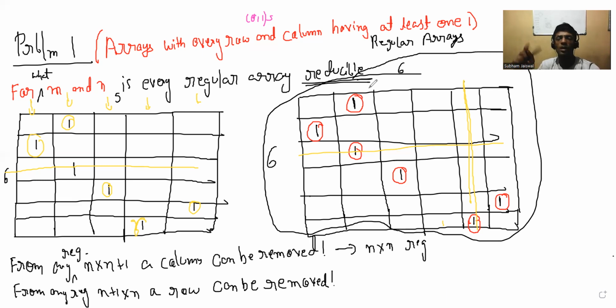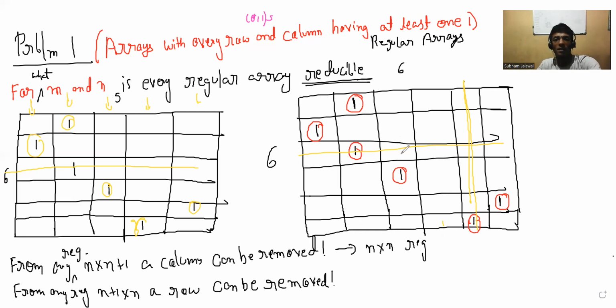Both can be done, but the point is that you can combine them. So from an n cross n regular, a row can be removed.